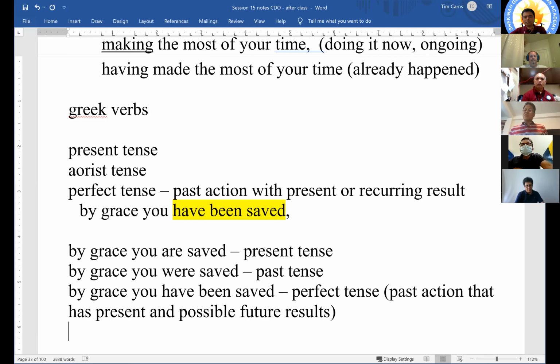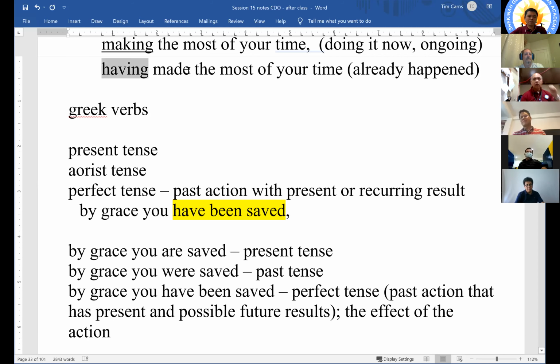Okay? So we're not talking anymore about a simple -ing participle. This is a different one: having made is a past participle in English. So it's something that just happened in the past.